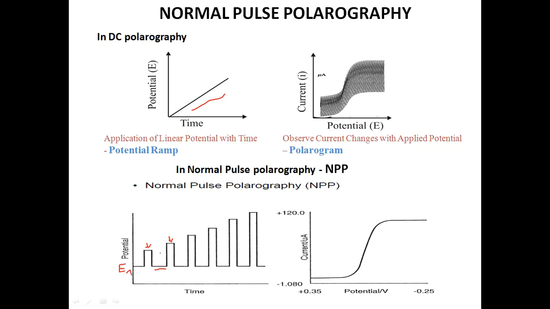Every drop has a different pulse potential applied, and current is measured for each pulse. You plot the applied pulse potential versus the measured current, and you get this kind of polarogram in a normal pulse polarographic experiment.